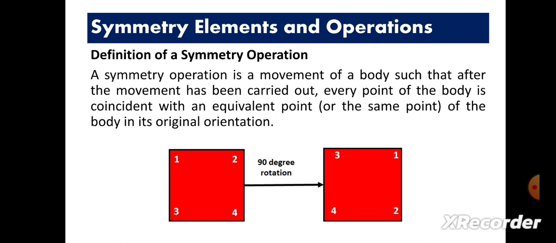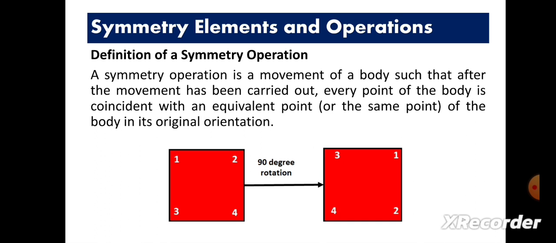Let us consider a square with the edges marked with numbers, and if we carry out a rotation through 90 degrees in the clockwise direction, you get the square on the right side. You can see point 1 is replaced by point 3, and point 2 is replaced by point 1, and so forth. But the shape of the object is retained, whereas points are displaced.